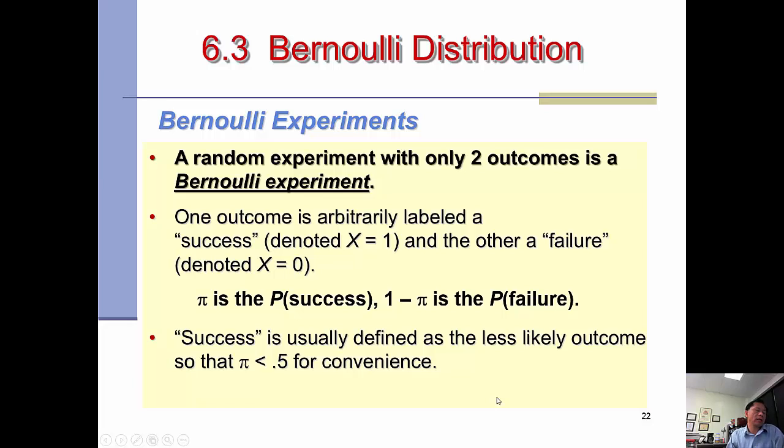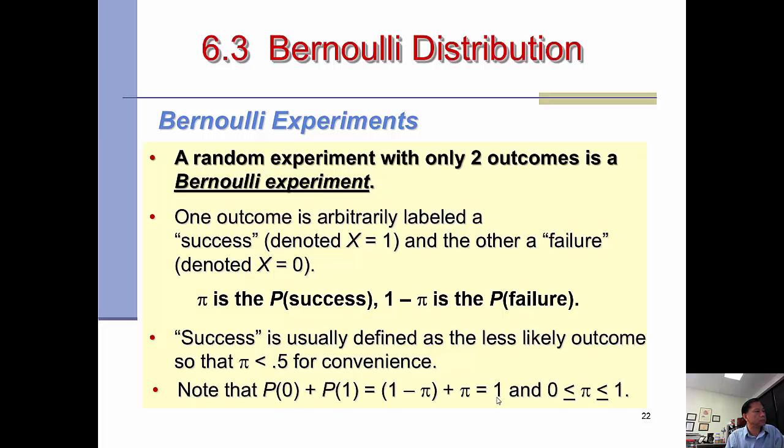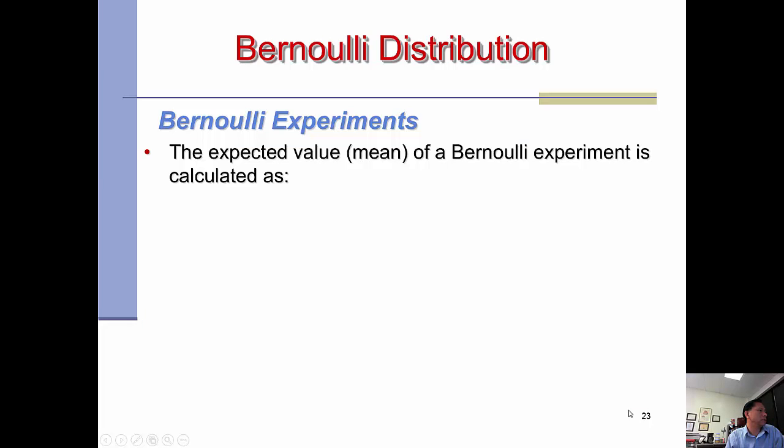Of course, in the case of flipping a coin, we know P of success is 0.5 and P of failure is 0.5, because we get a 0.5 chance of getting either head or tail. Right? Now P0 plus P1 is 1 minus pi plus pi equals 1. And pi, of course, as a probability, has to be between 0 and 1. That's a Bernoulli experiment. Right?